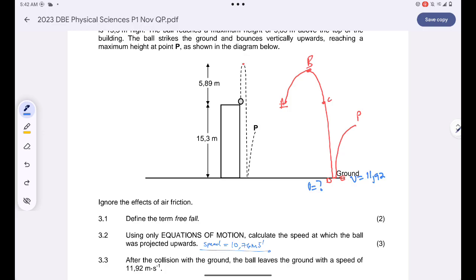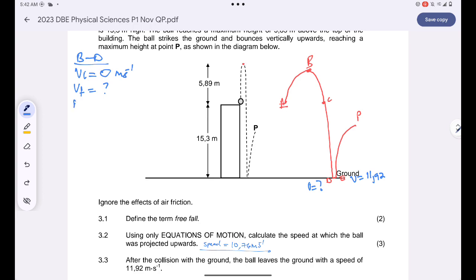Now, the information from B to D is the information from maximum height to the ground. The initial velocity, the velocity at position B, I know is 0 meters per second. The final velocity is what I'm looking for, the velocity of the ball at position D.